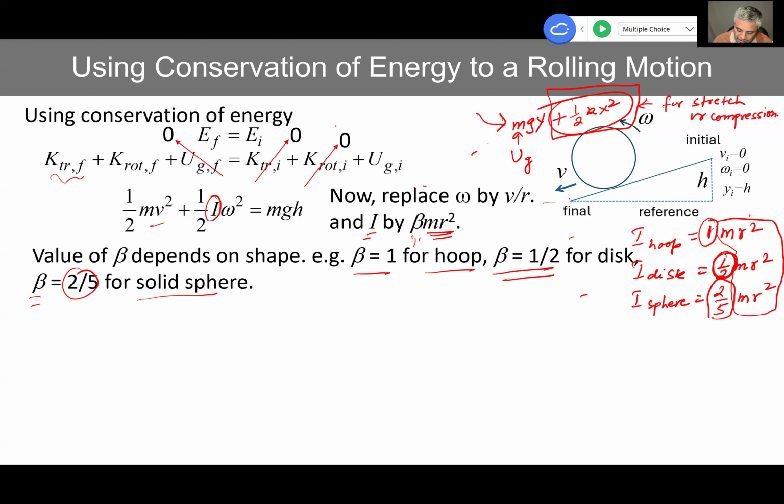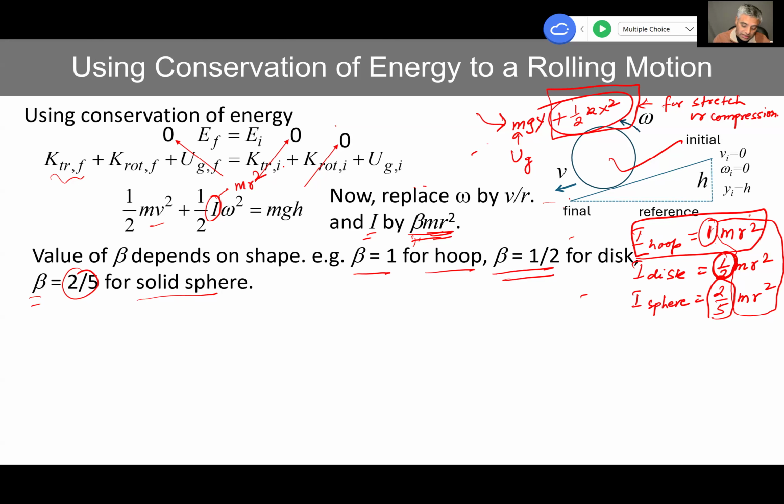Why am I doing this? Because I don't know what kind of object is rolling. So I'm trying to come up with a way of doing it even without knowing whether it is a disk, a hoop, or a sphere, a more general situation. But if you knew it is a hoop, for example, then you can replace this I by just mr squared.